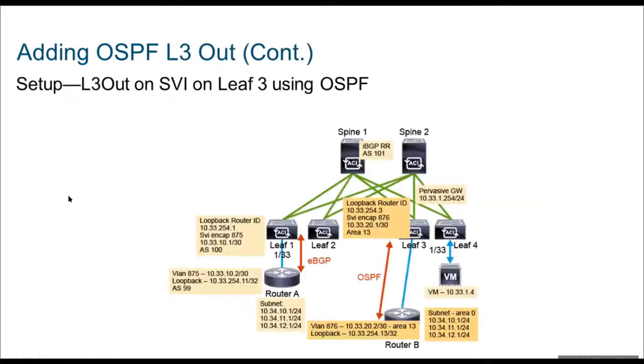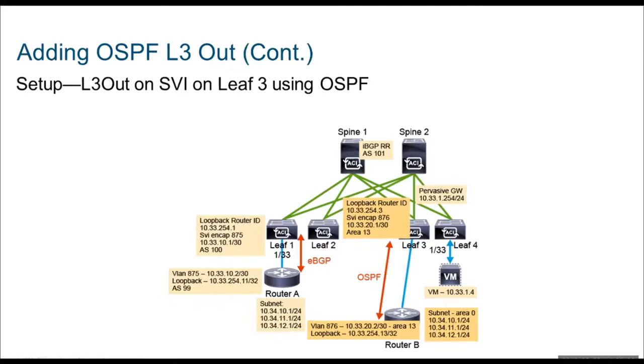The example here actually shows you router B, which is attached to leaf number 3. OSPF protocol is used there.